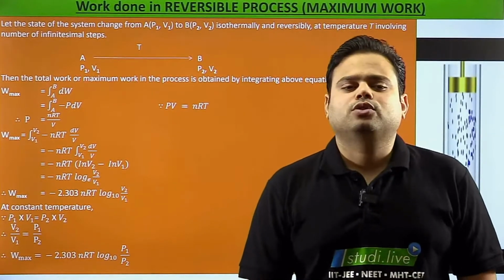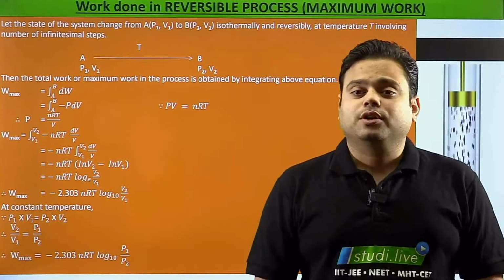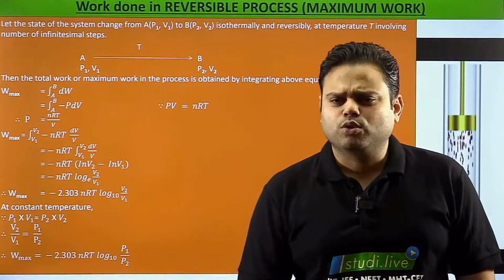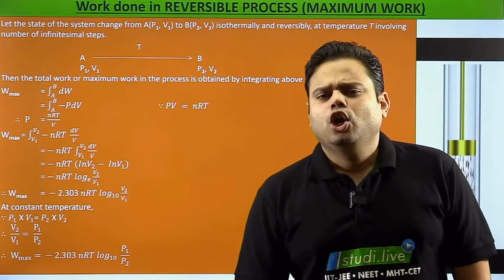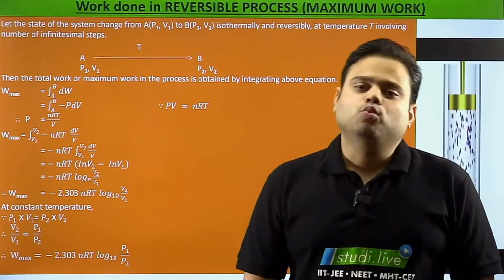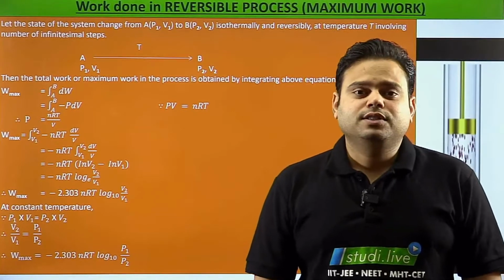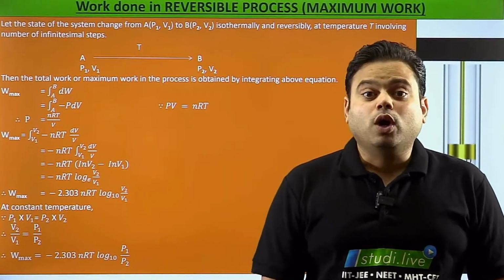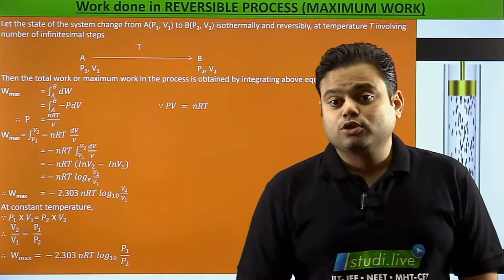So the same equation will become in terms of pressure minus 2.303 nRT log to the base 10 of P1 upon P2.